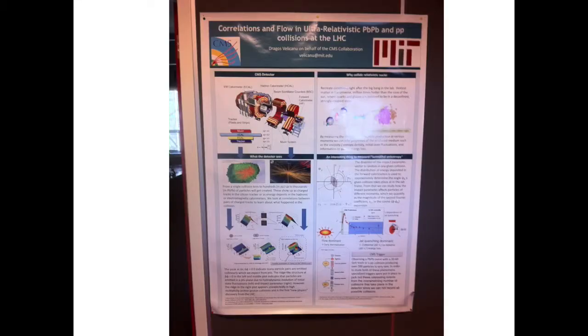And again, it's a poster on an experimental measurement by CMS. I think the good points are the graphics are quite nice. You see the experiment, you see what a collision event in the experiment looks like. It explains the analysis method, explains some of the physics, and it shows the main result plot.